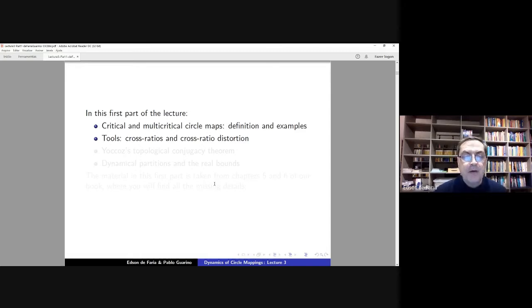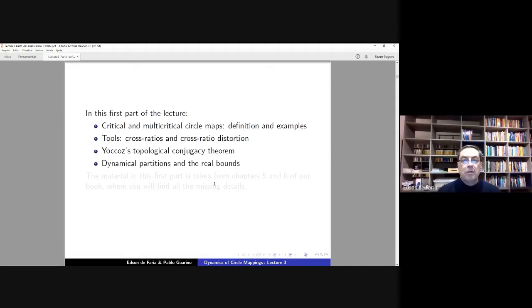So after we see the definition and some examples of such maps, I will introduce a couple of tools. I'll talk about cross ratios and cross ratio distortion. Then I will show you the topological classification of such maps. So this is a fundamental theorem due to Jean-Christophe Yoccoz.